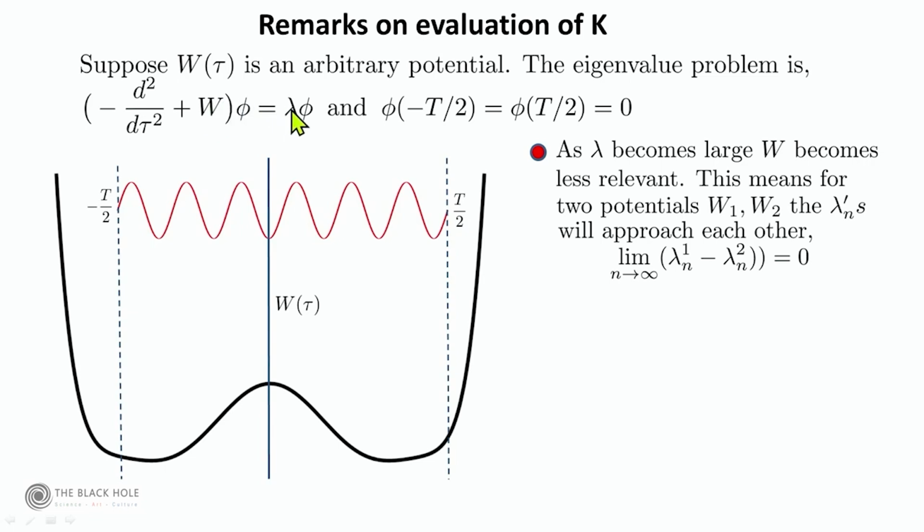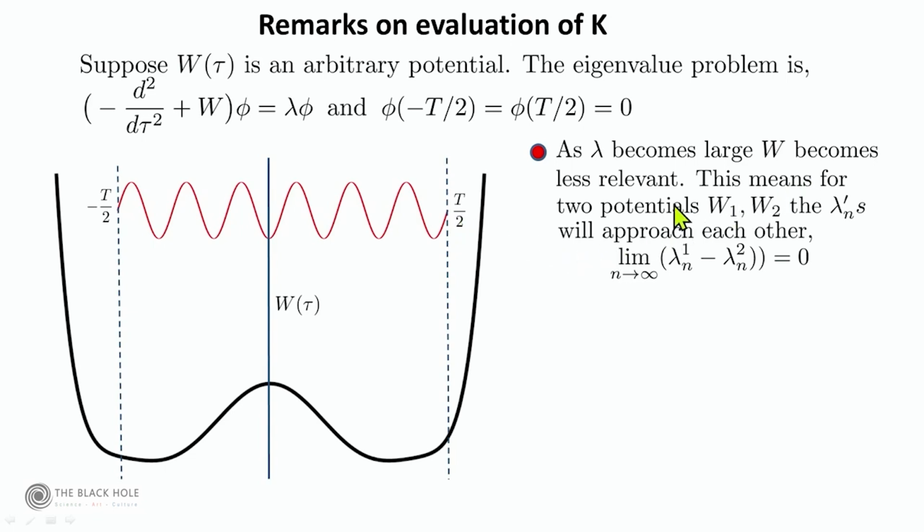So in the limit that lambda becomes very, very large, W becomes irrelevant, which means that minus d2 d tau squared phi equals lambda phi is the relevant equation to solve. In other words, you have a particle in a box situation. You have just sines of different frequencies. These satisfy the boundary condition here and here.